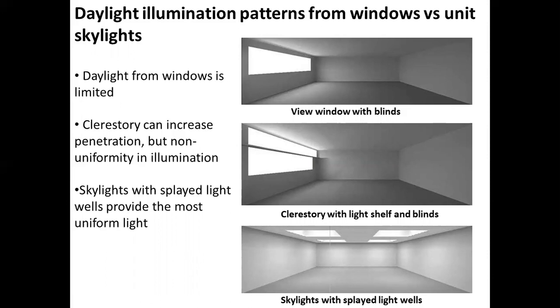Now you see the third image. In this, unit skylights are shown placed at various levels in a grid, forming a pattern in the roof.